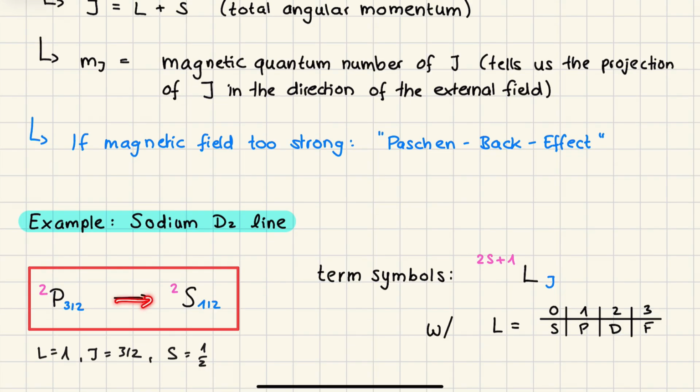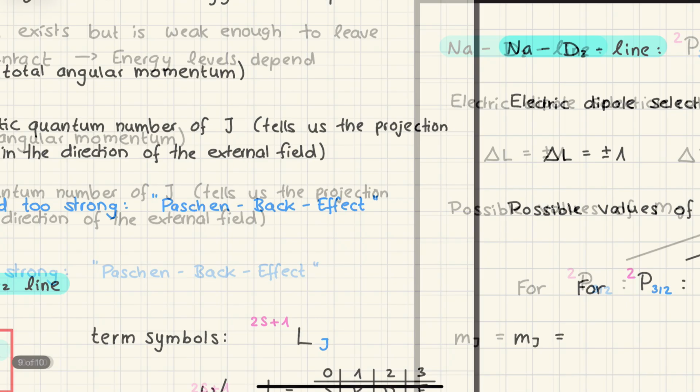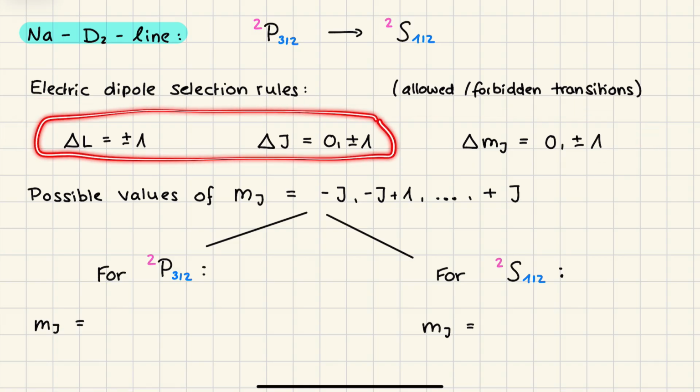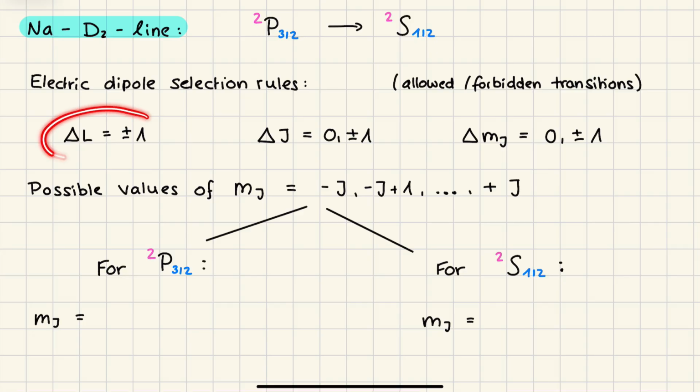But how can we find the allowed transitions? Well, transitions follow the electric dipole selection rules, which are these right here. The first two are essentially already represented by this transition right here. An allowed transition needs to have a difference in angular momentum of plus or minus 1, which is the case right here because P stands for L equals 1 and S stands for L equals 0. So we have a difference of minus 1, so we can tick that box.